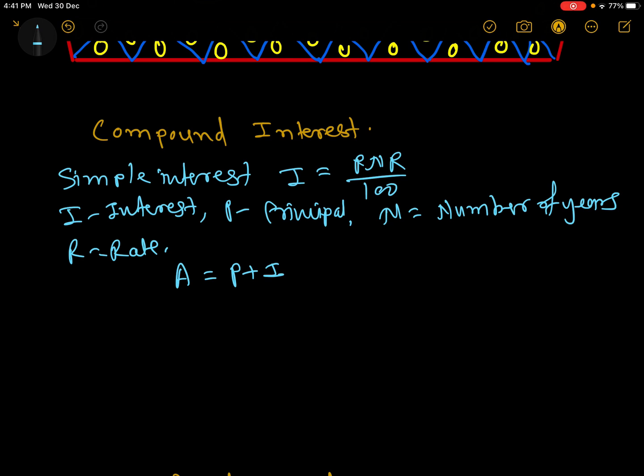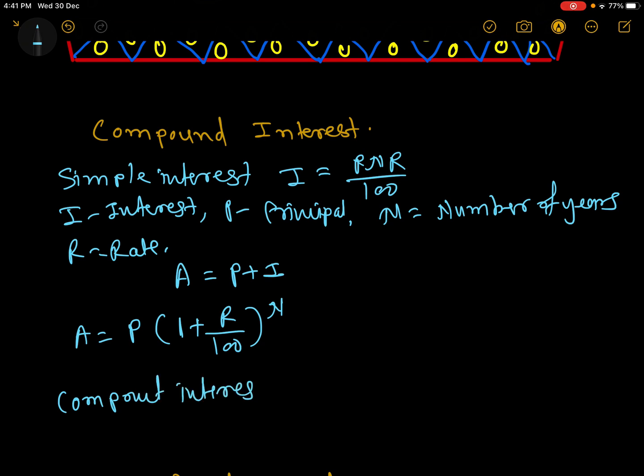The formula for compound interest: A equal to P into bracket 1 plus R upon 100 raised to N. Now compound interest equal to A minus P, that means amount minus principal. In this way we calculate the value of compound interest.